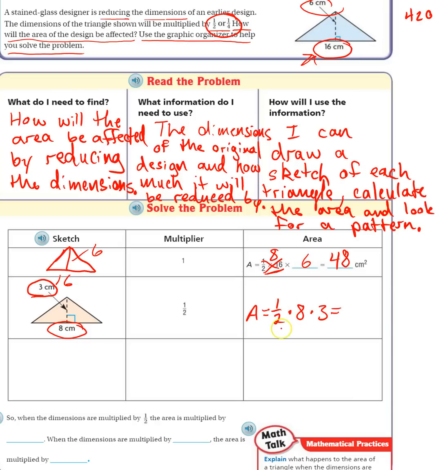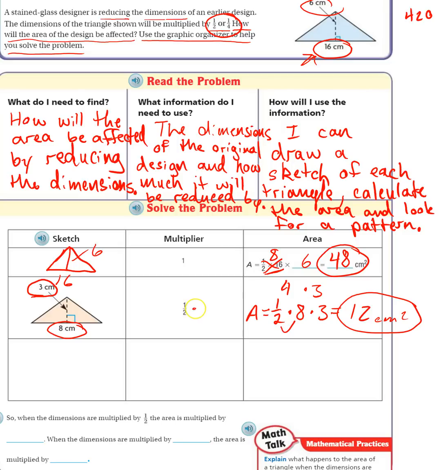Okay, well, if I do this multiplication first, half of 8, I know that is 4, and then 4 times 3 is 12. So we notice it started as 48 centimeters, and then it went down to 12 centimeters squared. So it got 4 times smaller, or it was divided by 4.